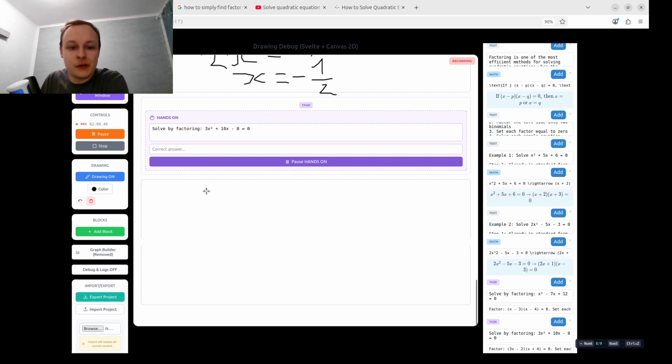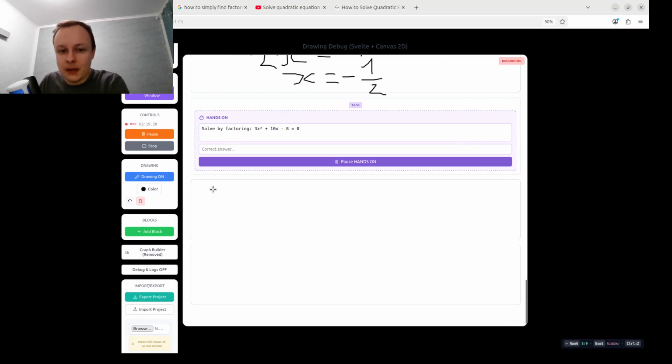Alright, let's solve the last example. And the last example is 3x squared plus 10x minus 8 equals 0. As we learned before, first of all we have to find the product of the quadratic term's number multiplied by our free term at the end, and in this case it will be minus 24.